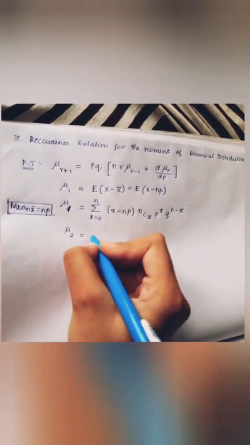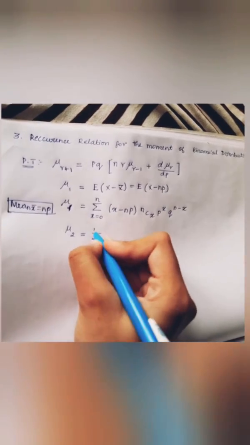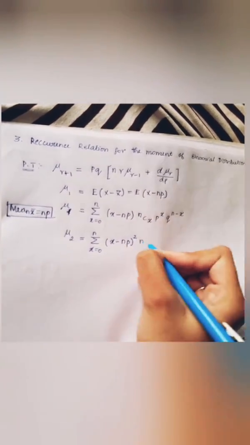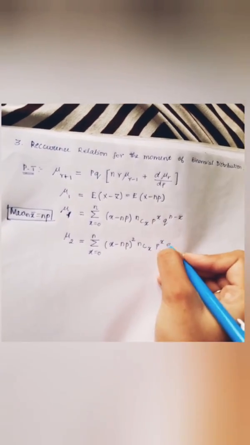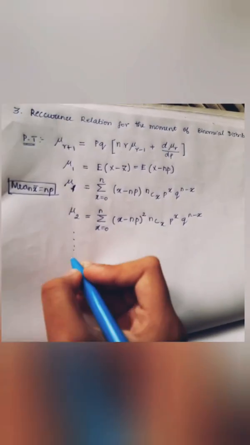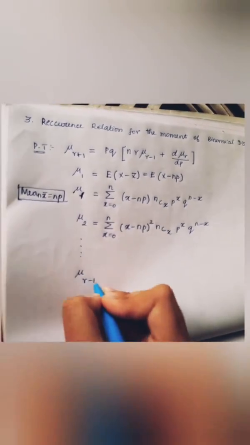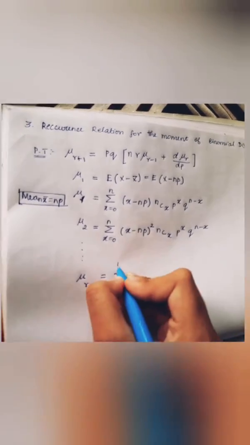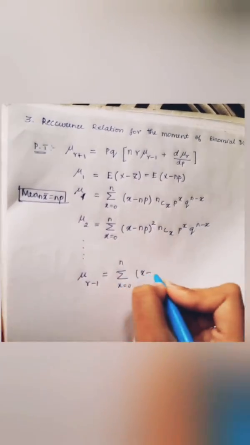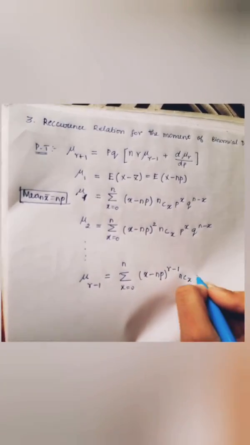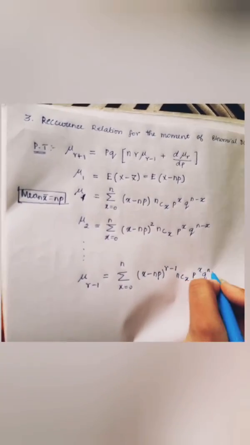For mu 2, summation x is equal to 0 to n, x minus np whole power square, ncx p power x q power n minus x. And proceeding like this, we will get mu r minus 1 is equal to summation x is equal to 0 to n, x minus np whole power r minus 1, ncx p power x q power n minus x.